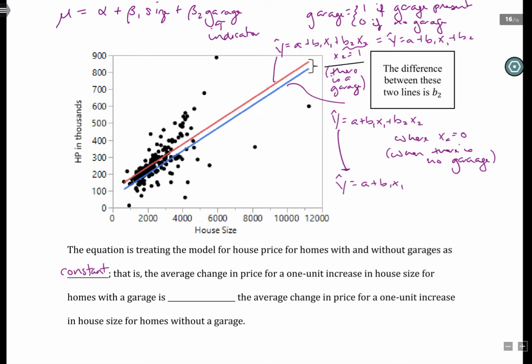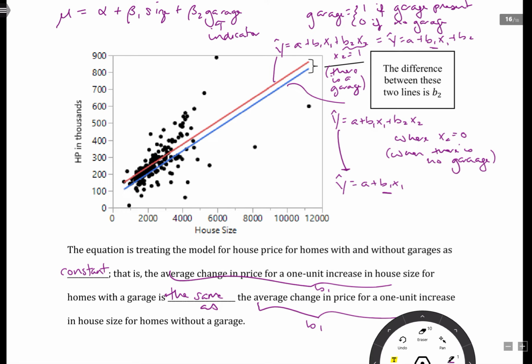That is, the average change in price for a 1-unit increase in house size for homes with a garage is the same as the average change in price for a 1-unit increase in house size for homes without a garage. This is b1 in both cases. So we have that same slope for any fixed value of whether there is a garage or not.